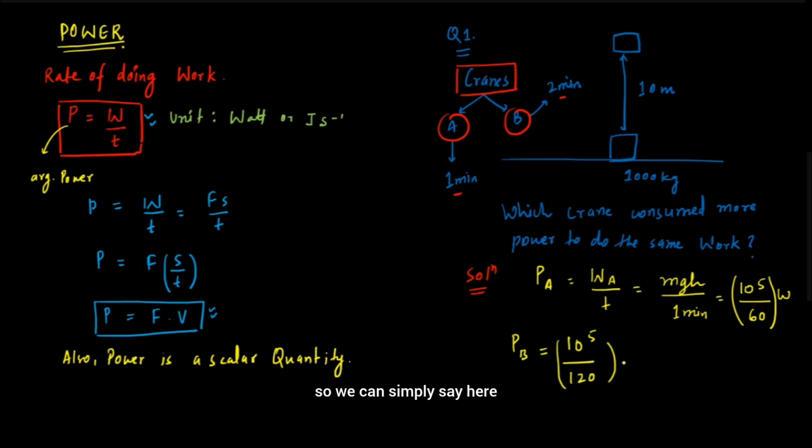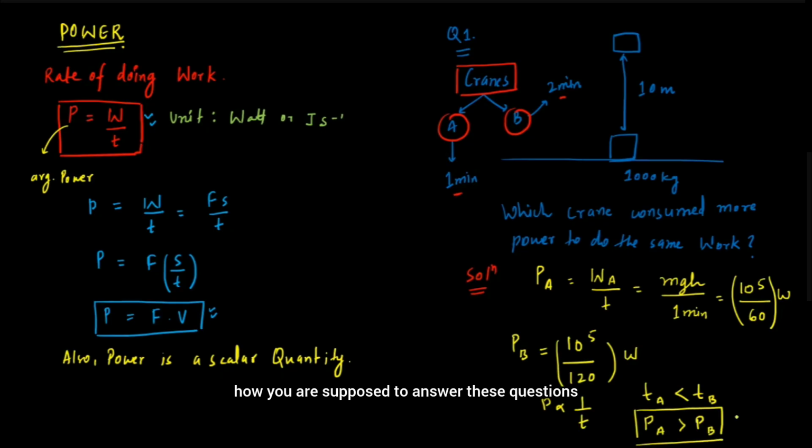So we can simply say here that as power is inversely proportional to time, and time for crane A is less than time for crane B, the power consumed for crane A must be more than for crane B. This is how you are supposed to answer comparison questions.